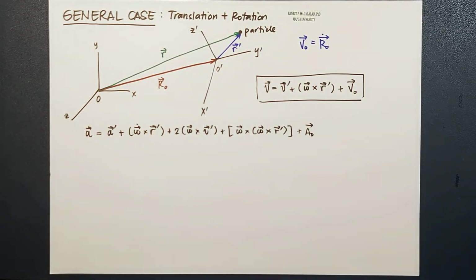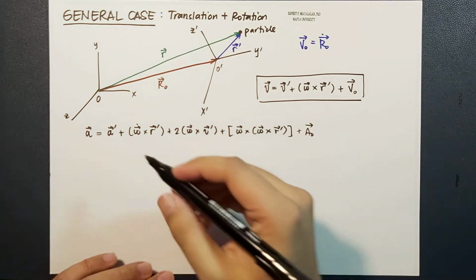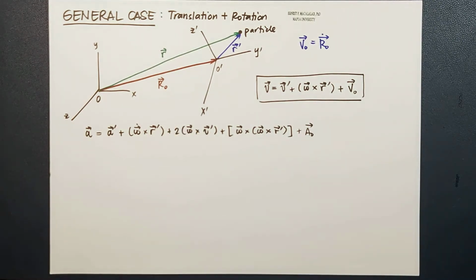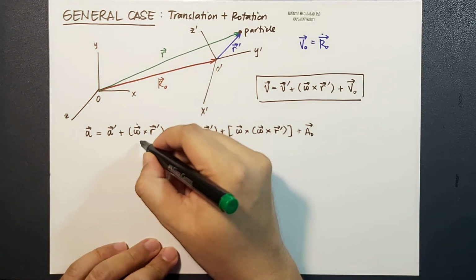This term, omega dot cross r prime, is called the transverse acceleration.